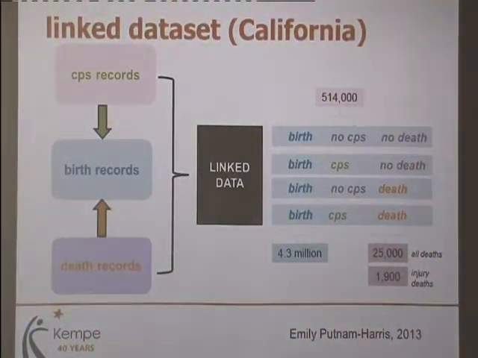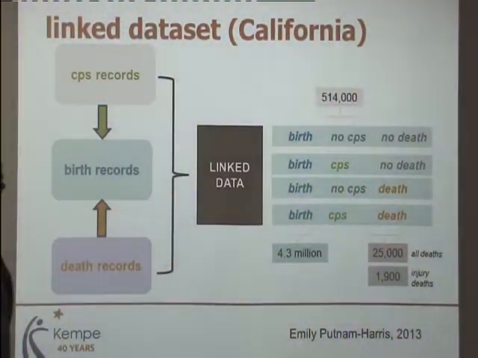So this is just an example of the data from California. Out of 4.3 million births, there were 514,000 CPS report records and 25,000 fatality records that were included in this particular data set.